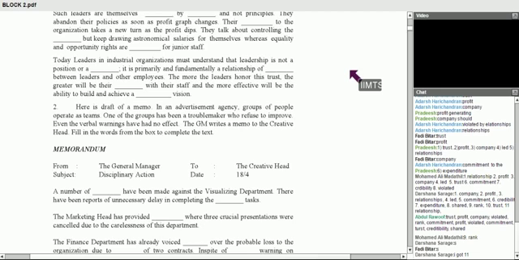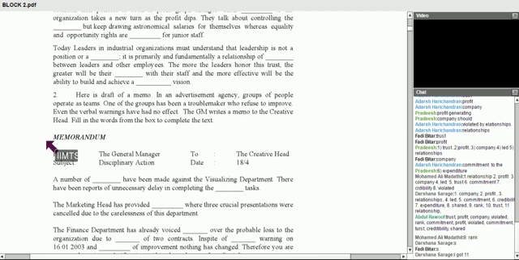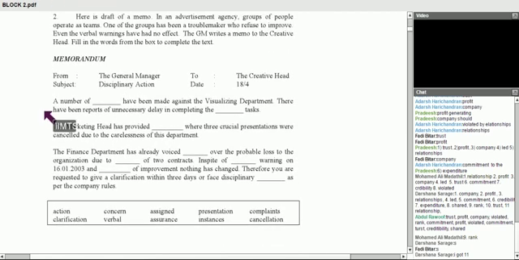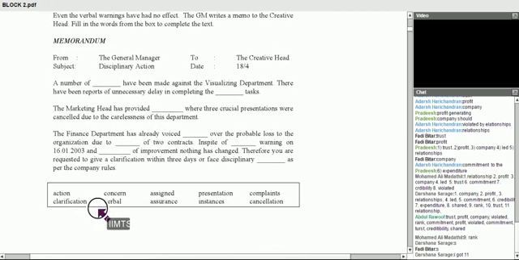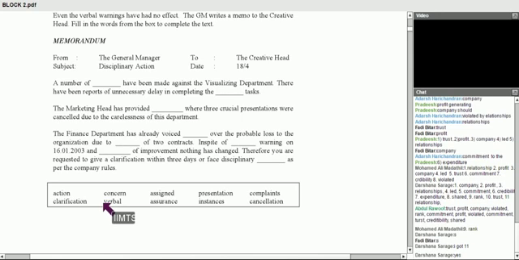So what is happening in a company? There is one group who are like troublemakers and verbal warning has been given to them but no effect. So now the GM is writing a memo to the creative head. And you have to choose the appropriate words from here. Fine? A number of complaints have been made against the visualizing department. This is the first answer. Rest of the stuff you can do.